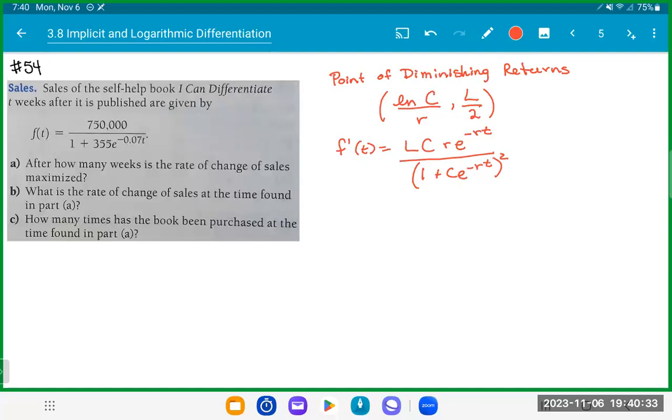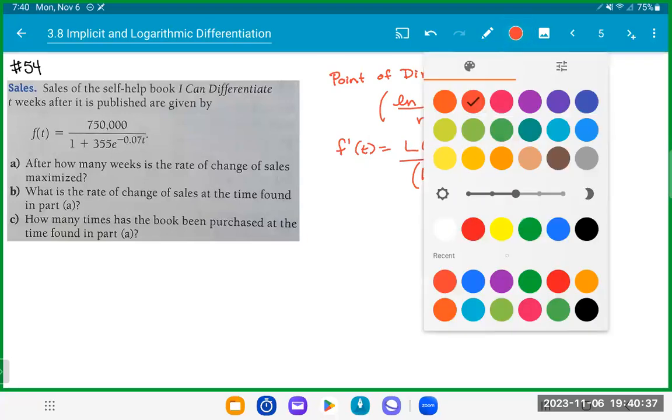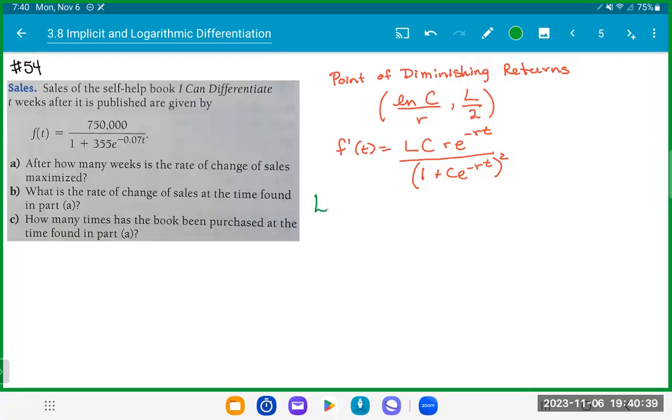All right, so what are all these letters, right? In this example that we're looking at, we can see that L is equal to this 750,000. Our C is equal to 355. And our rate is equal to this 0.07.